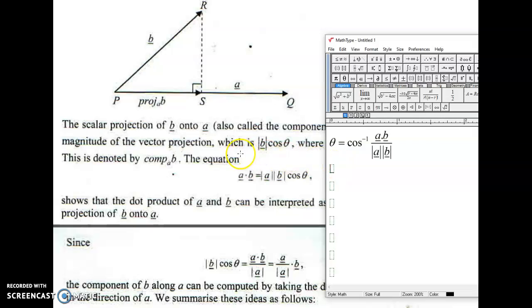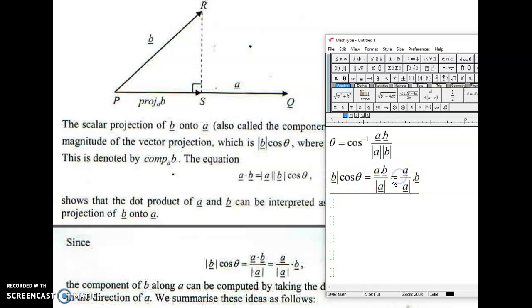Okay, so if you look at this, to find the magnitude of the vector projection, they are using this, which is the magnitude of B times the cos theta, or the angle. Okay, so if you try to refer to this, you'll see that it becomes like this. So this is the formula of finding the magnitude.